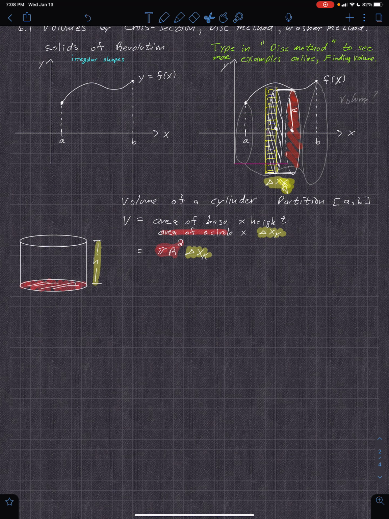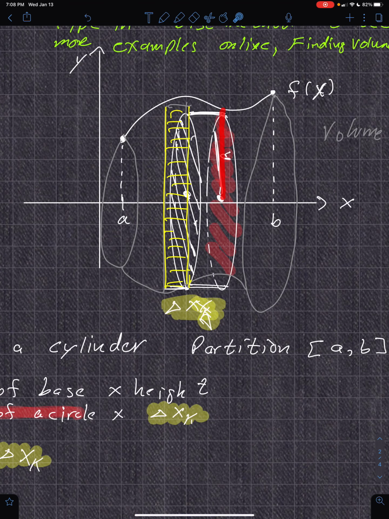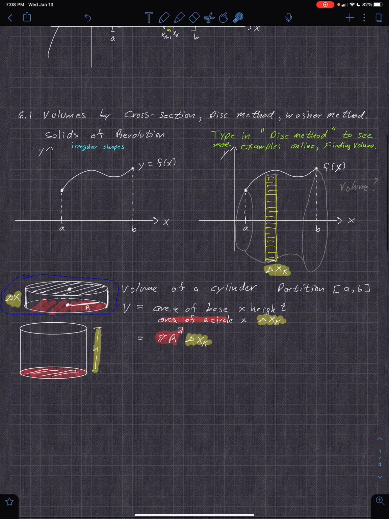What's height with respect to this? Well, height has got to be from here up to the curve. Okay, it's kind of hard to see, right? But this piece in there is up to the curve there. Okay, well, that height then, or the radius of that when you revolve it, has to be just f of x. So r is f of x. And I'm going to take that out, put it back over there.